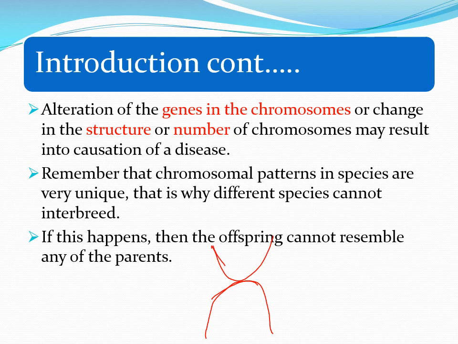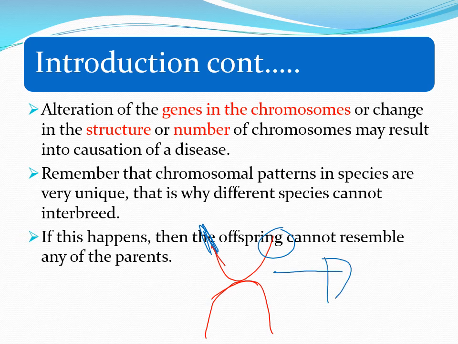You can cut a small segment here, or add a small segment here. That means this arm will be very long as compared to this one, and by so doing you will have distorted the structure of the DNA.